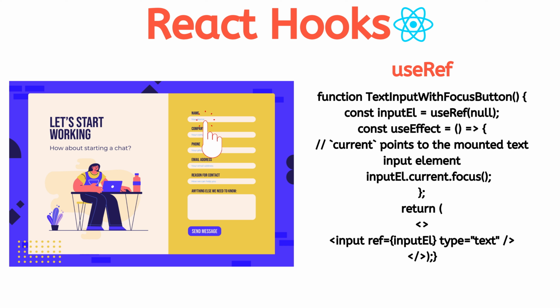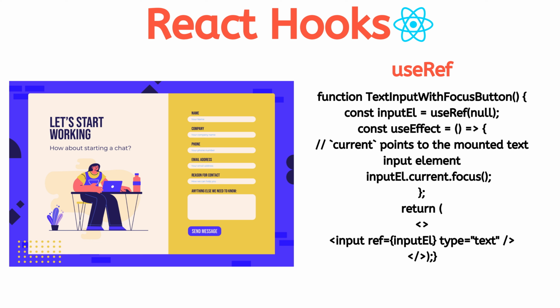Not only for this, even for any CSS references where we want to perform some action, apply some dynamic CSS, set the cursor or set the focus, for all these types of scenarios we can use the useRef. In this example, if you want to set the focus or cursor on this particular name text box, all we need to do is use the element reference, and within the useEffect you can get hold of that element.